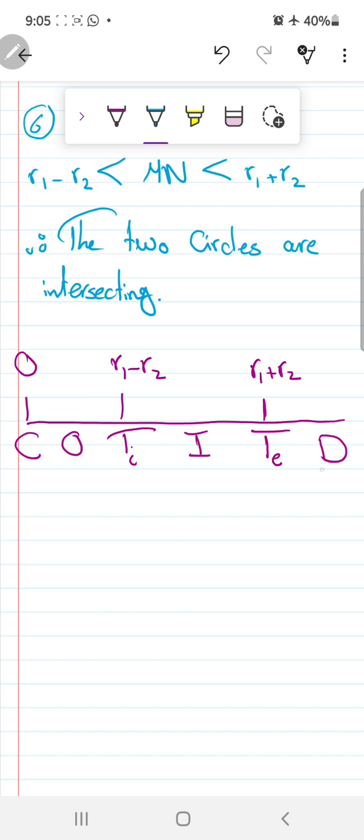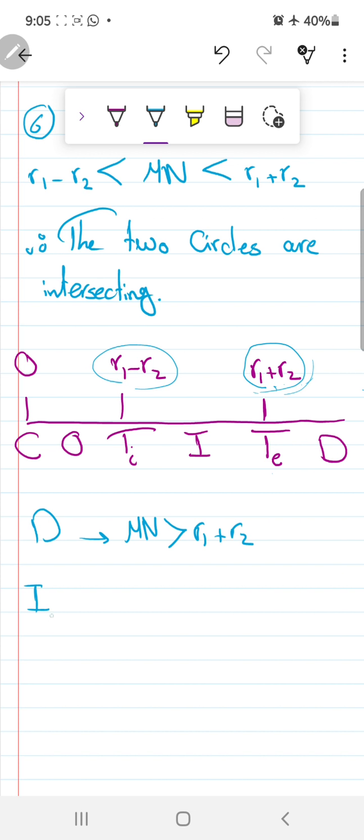Here we have distant, it means MN is greater than the sum of R1 plus R2. Touching externally means MN equals the sum of the two radii. Intersecting is between the difference and the sum, so MN is greater than the difference and smaller than the sum.